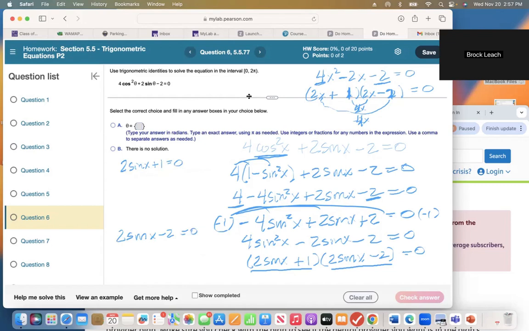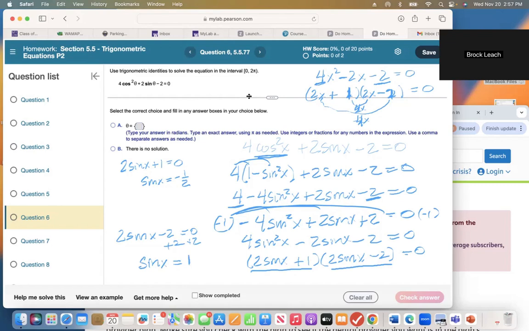That's going to give me sine x equal to negative 1/2. And if I add 2 to both sides and then divide by 2, I'm going to get sine x equal to positive 1 here. All right, so what are the x's that give me negative 1/2?